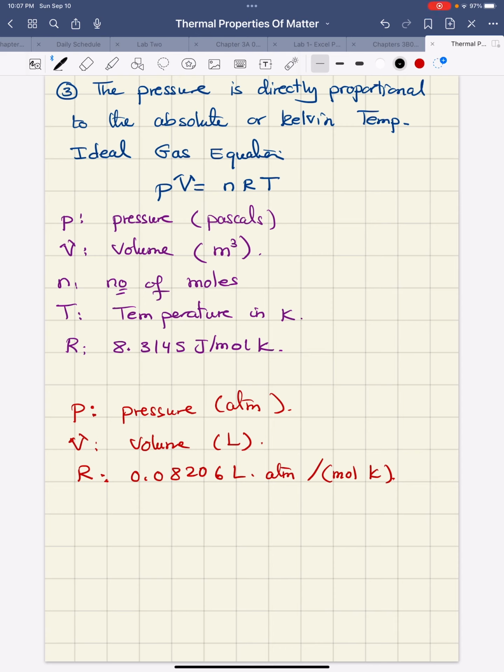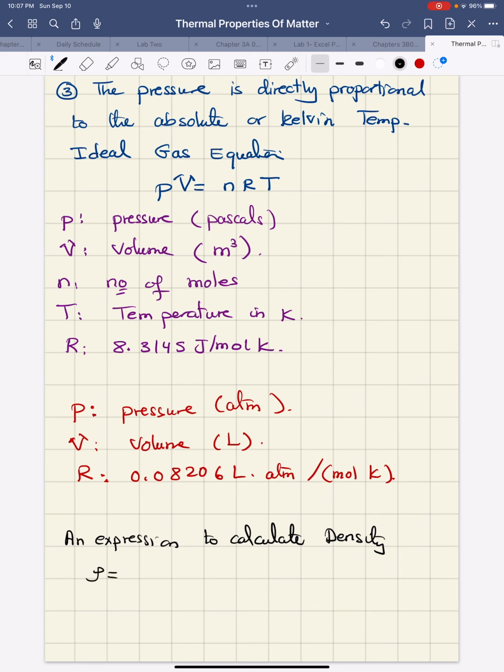Now also, we can get an expression from this to calculate density. Remember, density is mass per unit volume.